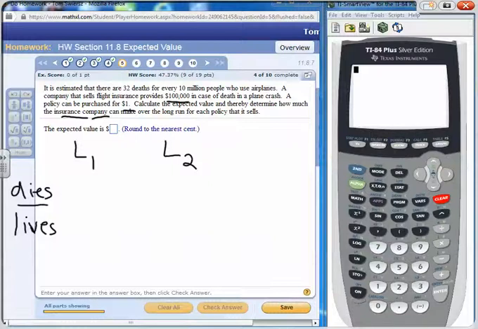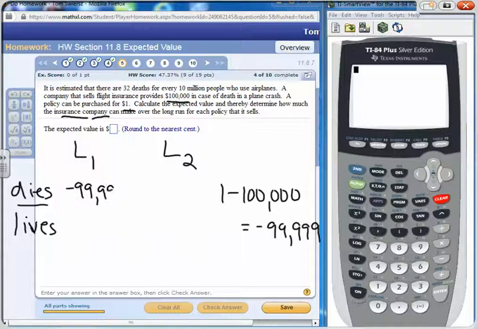So for the insurance company, they're going to keep the $1, but they're going to pay out $100,000, which will be a negative $99,999. So if the person dies, the insurance company is going to lose $99,999. Now, what is the probability that a person dies in a plane crash?